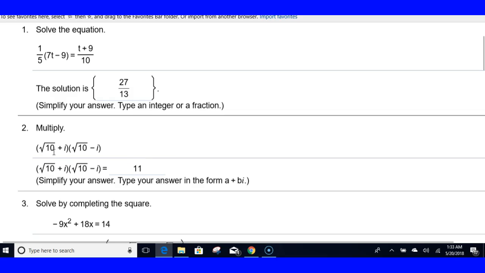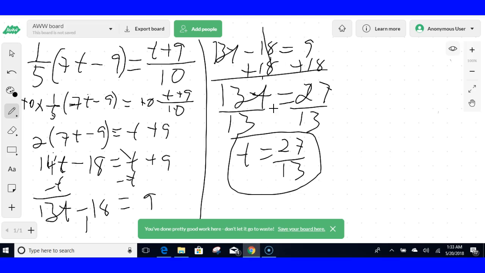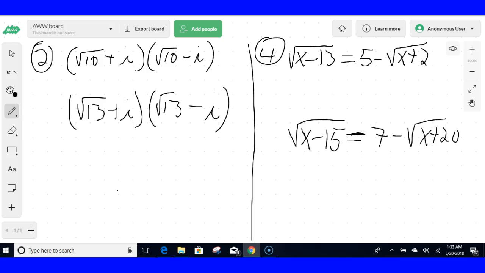He put 9, the answer will be 10. He put 20, the answer will be 21. So just add 1 to it, and that's how you get the answer for the second question. On the screen, again, 10 plus 1 is equal to 11. You can see here 13 plus 1, the answer will be 14.